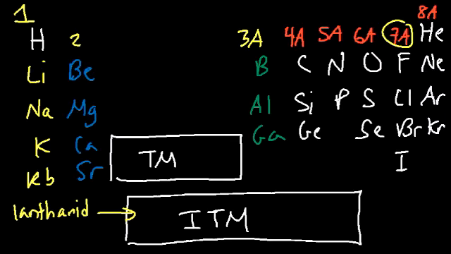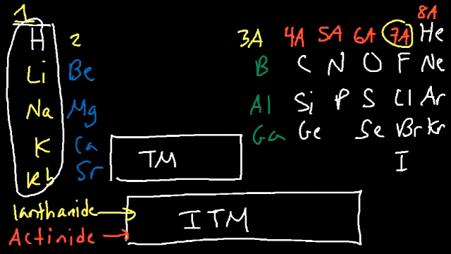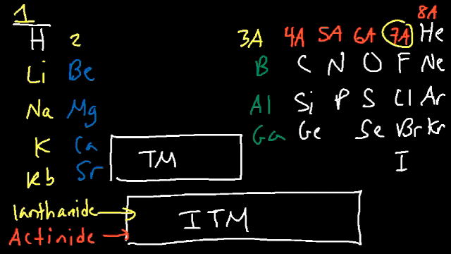Now, let's talk about valence electrons and charges. The columns are the groups. So group 1, which is the first column, which includes all of these elements, they all contain one valence electron. Group 2 elements like beryllium, magnesium have 2 valence electrons.